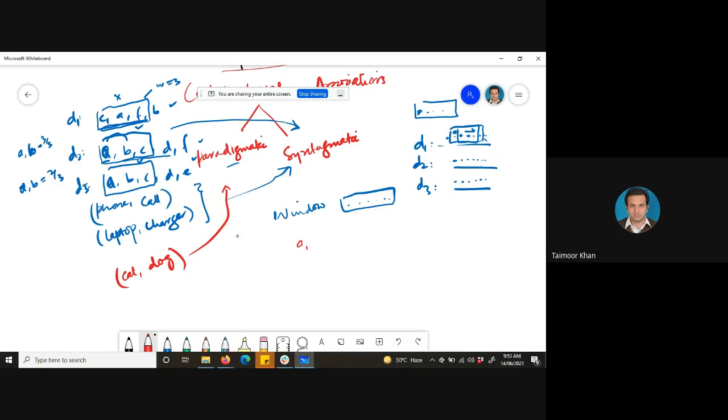It is like this: let's say A, B, C, A, B, C, E, F, Z, B, C, Z, B, C. So in this case, although A and Z are never occurring together, if you look at the syntagmatic relationship between A and Z, it's going to be 0 because Z never came in the context of A and A never came in the context of Z. So they never coexisted in each other's context.